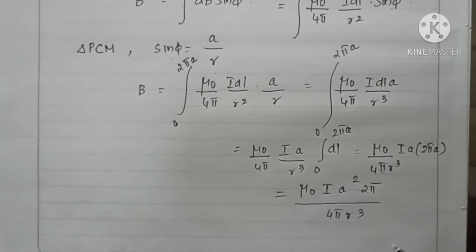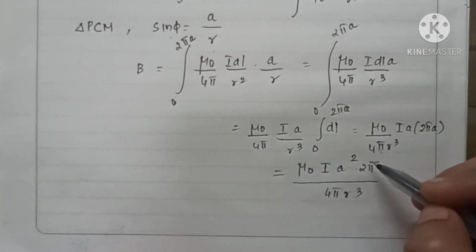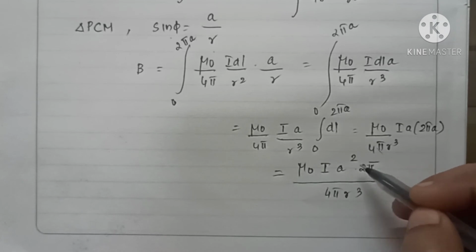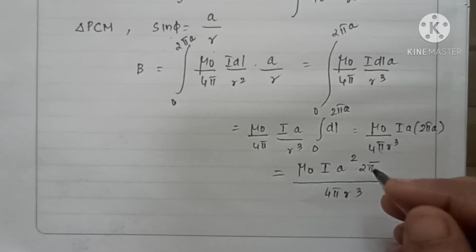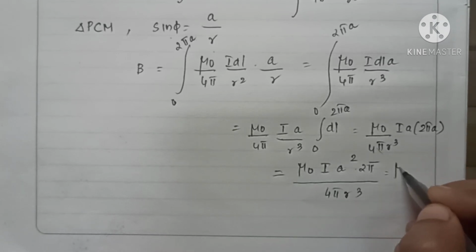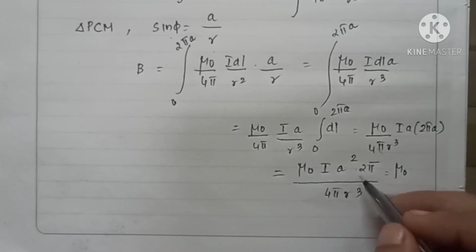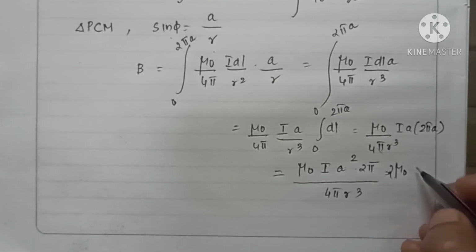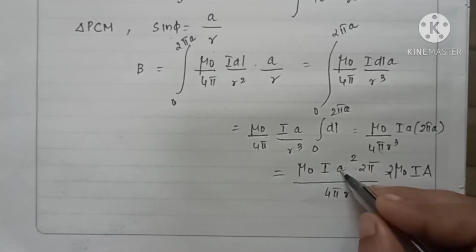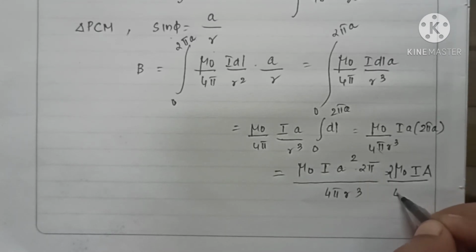If numericals are asked in some other ways, you have to find an alternate equation also here. For that purpose, you can change this pi a square. That is, pi a square means area, right? So you can write this as 2 mu 0 I, then A is the area, pi a square, divided by 4 pi r cube.